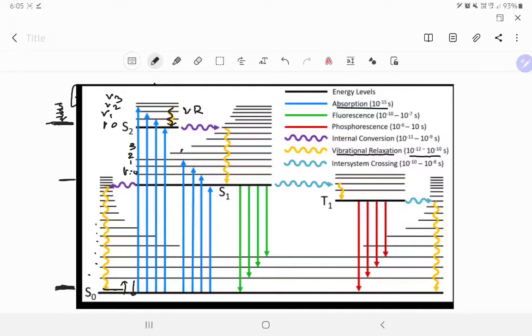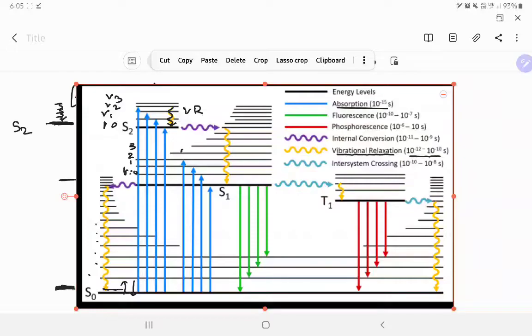See here, the ground vibrational state of S2 is equivalent in energy to the higher vibrational level of S1. There is a transfer from S2 to S1, from a higher electronic level to a lower electronic level.